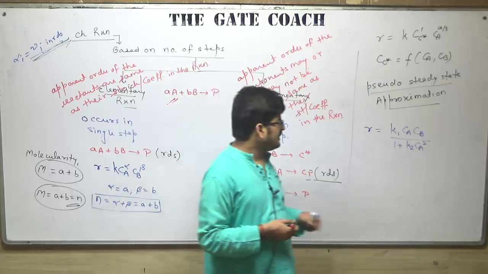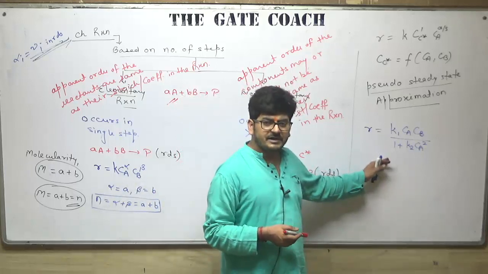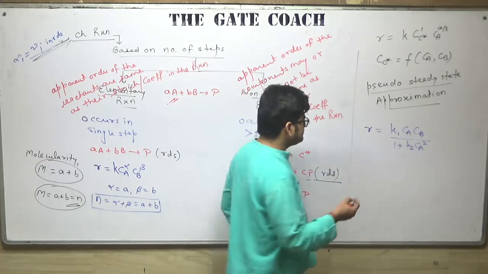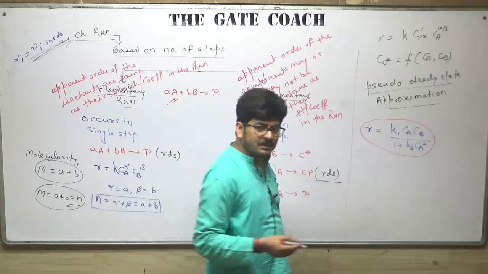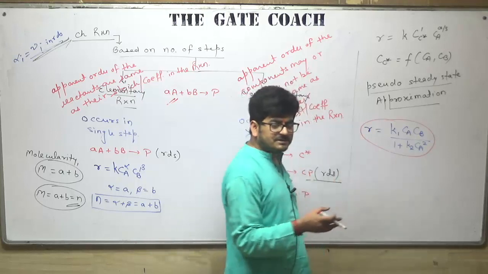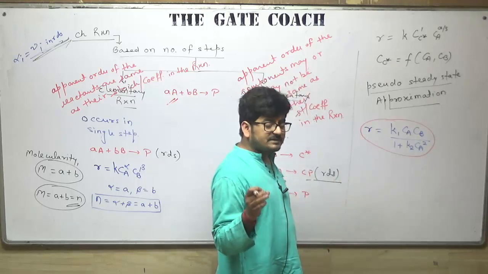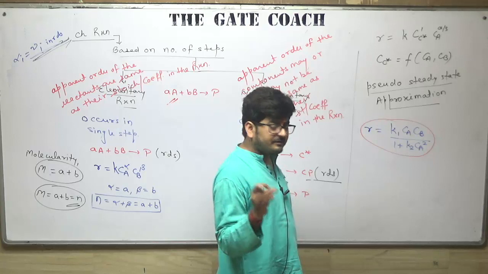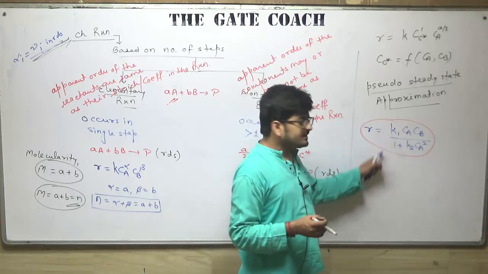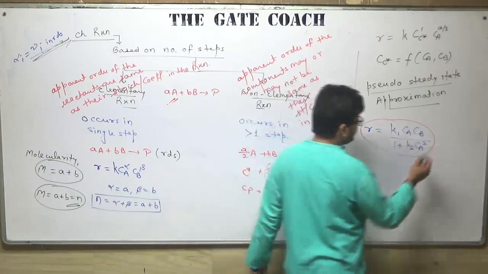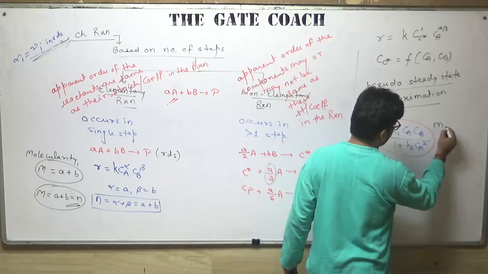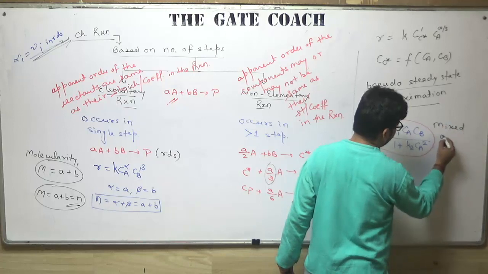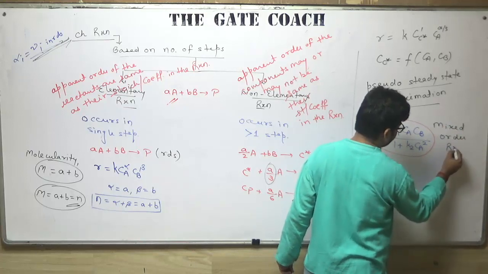Then, can you tell me what is the order of this reaction? No, we can't say. So this kind of reactions, and remember now guys, any chemical reaction in which rate equation is like this, those reactions are known as mixed order reaction.